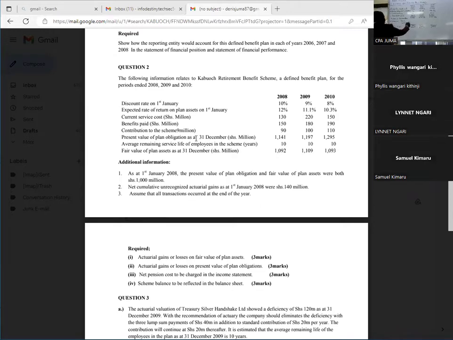We gained 32. 2009, 1133 against 1109, a loss. A loss of 24.21. 2010, 1140.23 against 1093, a loss of 50.23. 3 marks.